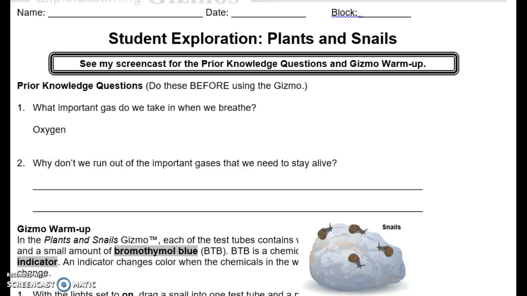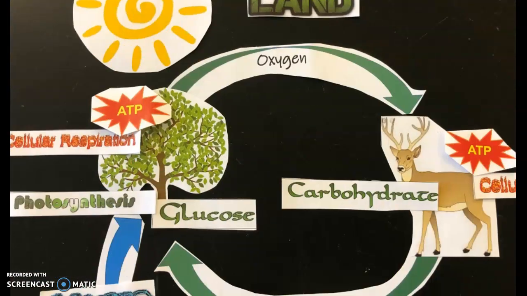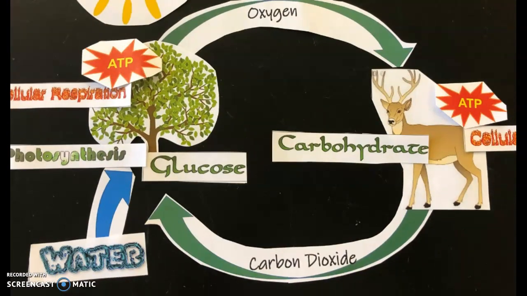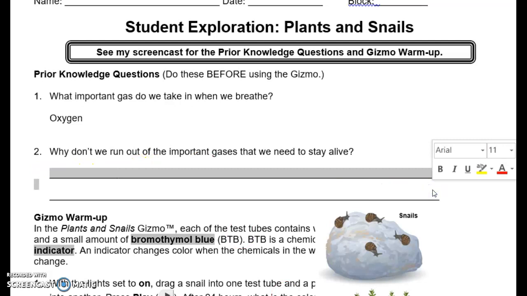Item 2, why don't we run out of the important gases that we need to stay alive? Going back to this handout, producers are going through photosynthesis and they are producing the gas oxygen that we need. For question number 2, please don't just put plants, because plants are not the only producers.